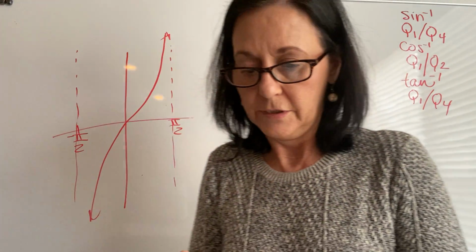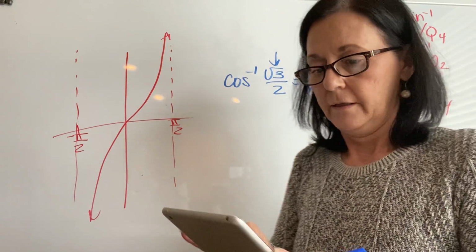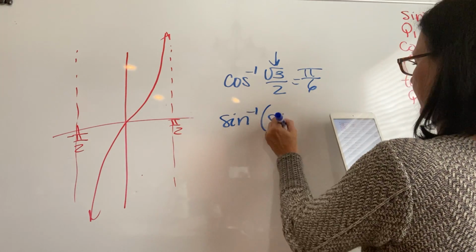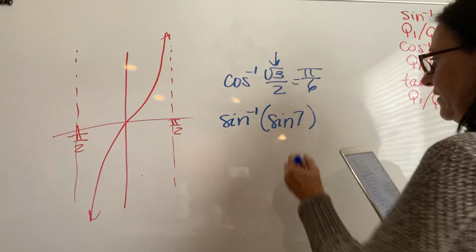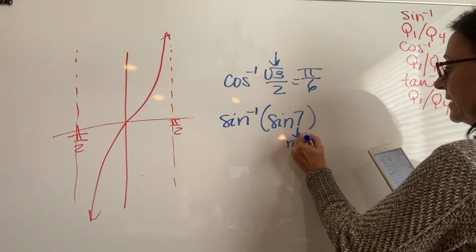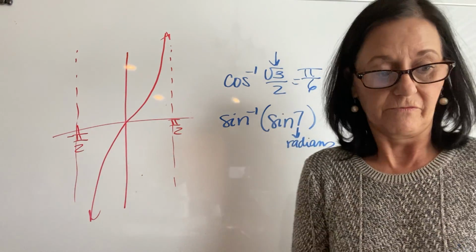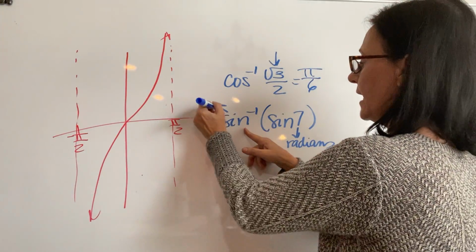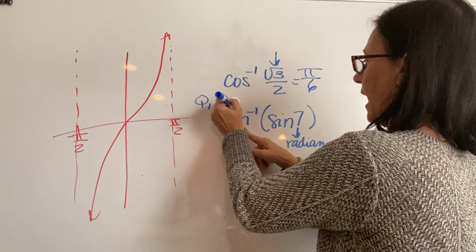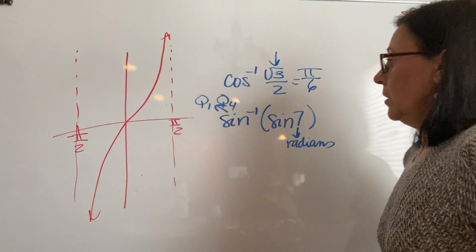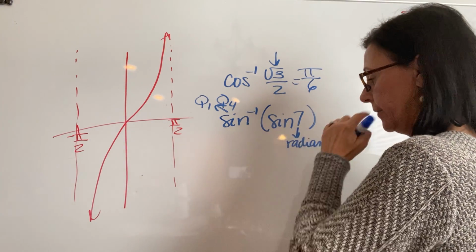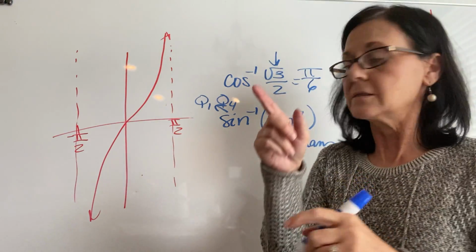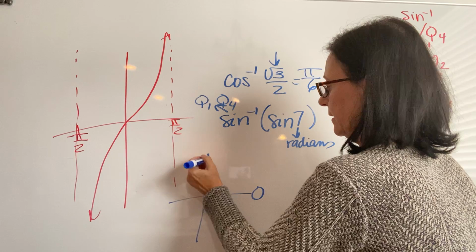Now I want to go to 19. It says, the inverse sine of the sine of 7. All right, so this is radians since it is inverse, right? So where would 7 be? For the inverse sine, I'm telling myself I'm looking at quadrant 1, I'm looking at quadrant 4. Where is 7 on the unit circle? Let's just do it: 0, pi over 2.